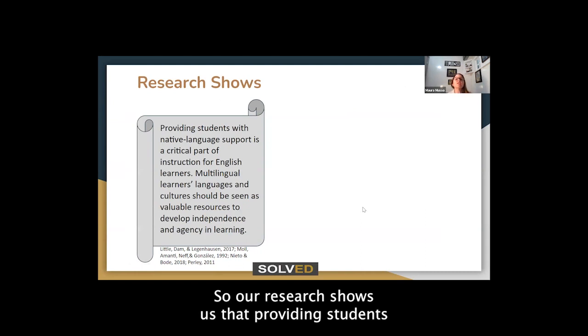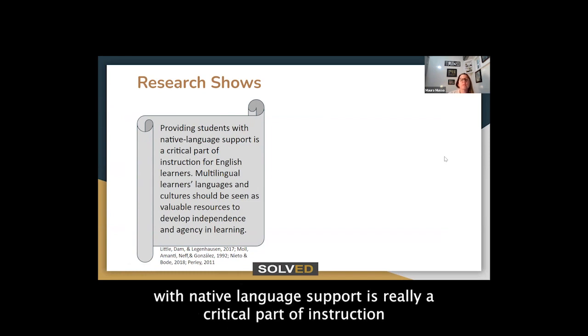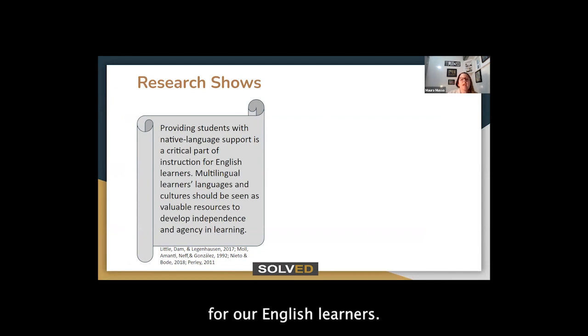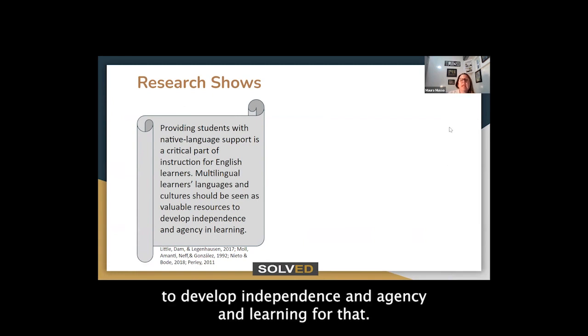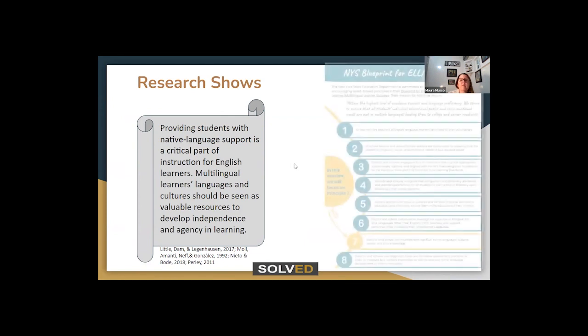Our research shows us that providing students with native language support is a critical part of instruction for our English learners. Our multilingual learners' languages and cultures are assets. They're valuable resources that we should be using in our classroom to develop independence, agency, and learning for them.